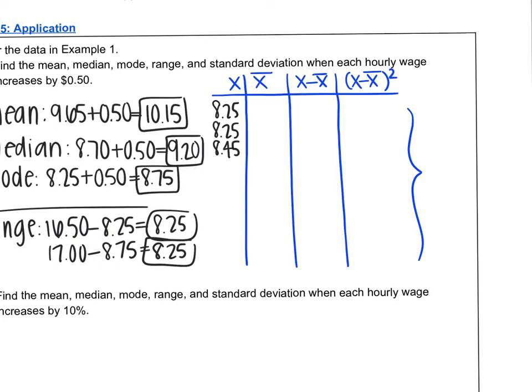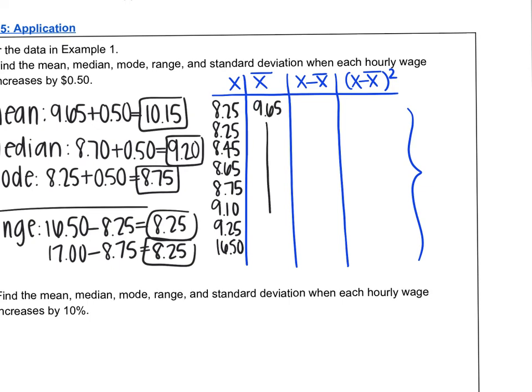These are all the values from example 1. So if you're like, where the heck is she getting these numbers? It's from example 1. Oops, I wrote that last one wrong, 16.50. Those are all my values, and my mean is 9.65.